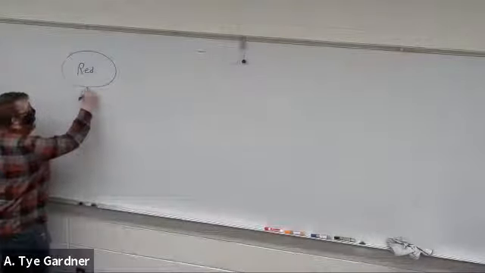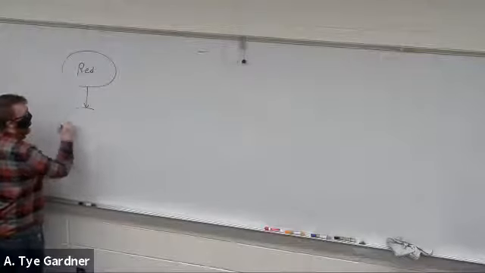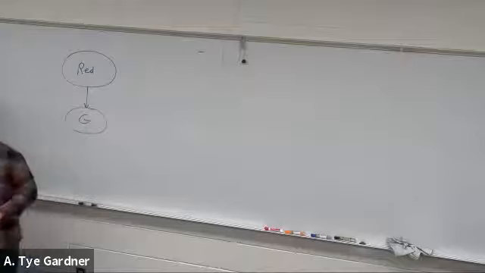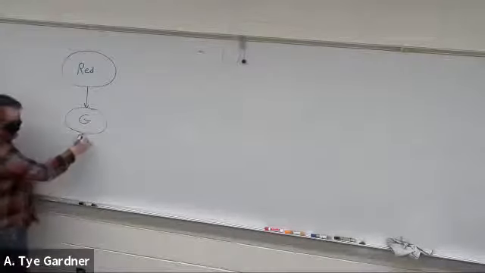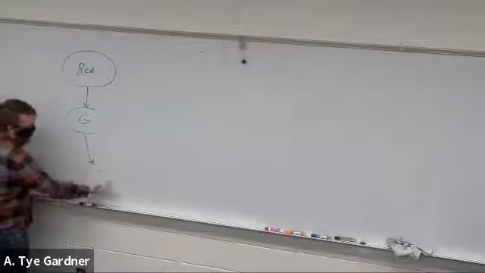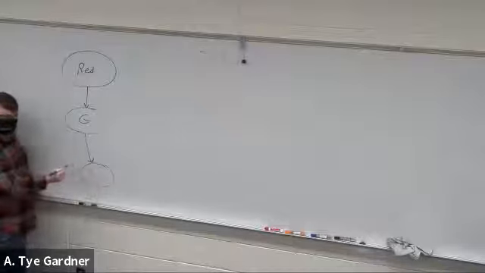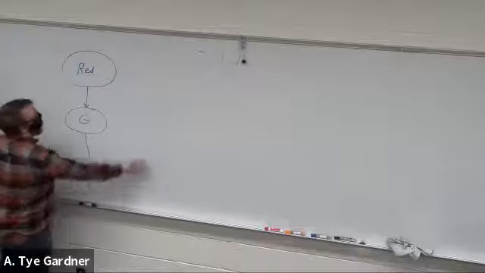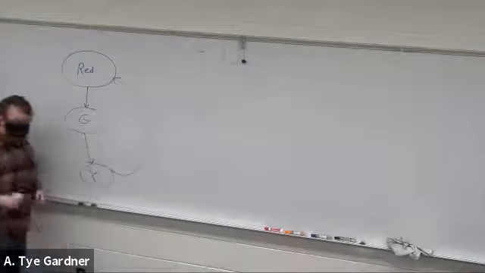So all we do for that is we draw an arrow, we draw a new state, and we're going to call this one green. Then we flow to a new state. This is really weird having only 4 students, but all right. And we'll call that yellow. After yellow, we go back to red.